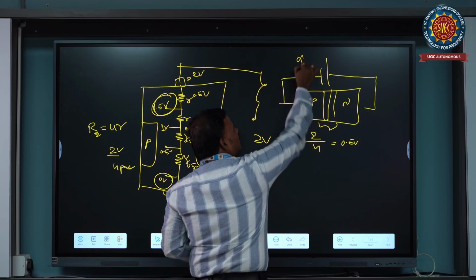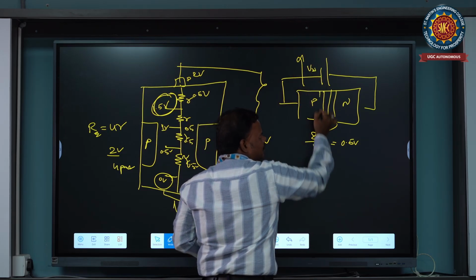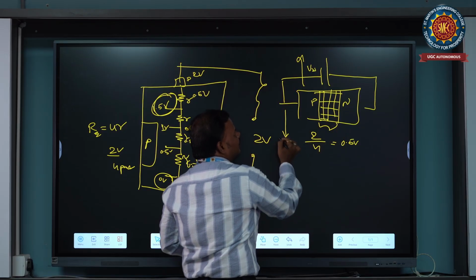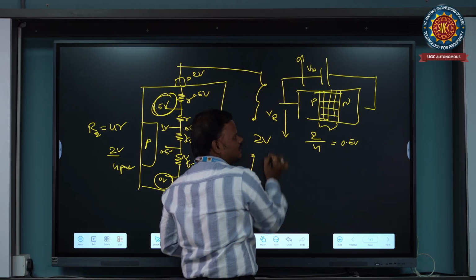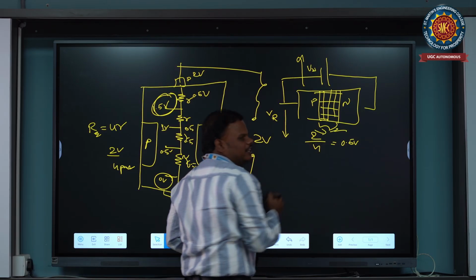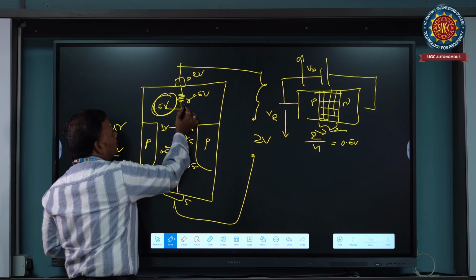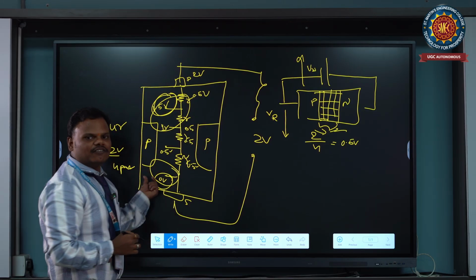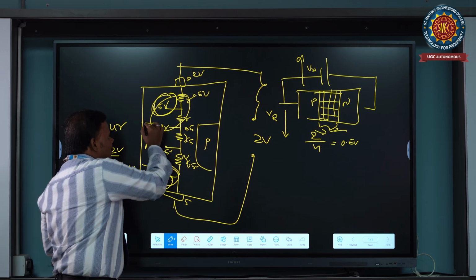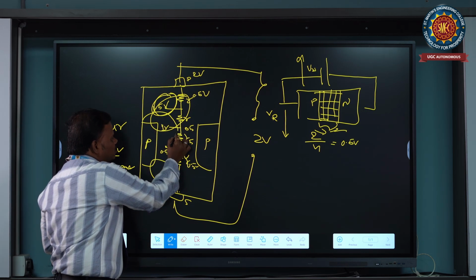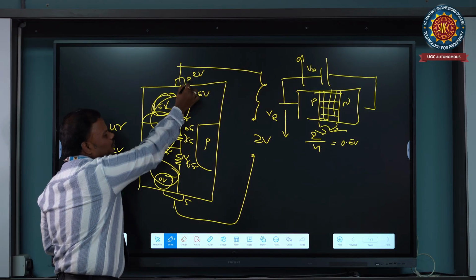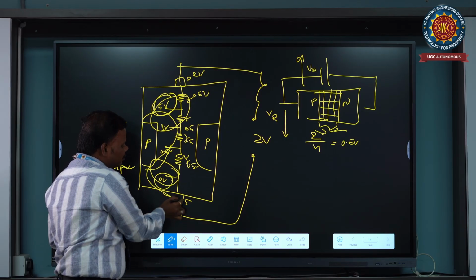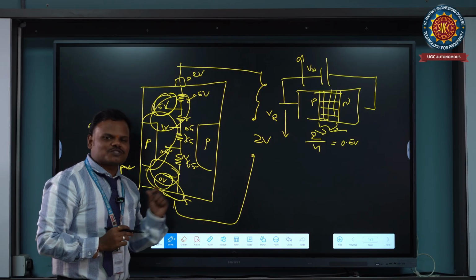When we apply more reverse bias voltage, the width of the depletion region increases, whereas if we decrease the reverse bias voltage, the depletion region decreases. Hence the reverse bias voltage nearer to the drain is more than at the source, so the depletion region is wider at the junction nearer to the drain, and very narrow nearer to the source terminal. So this is the small clarity.